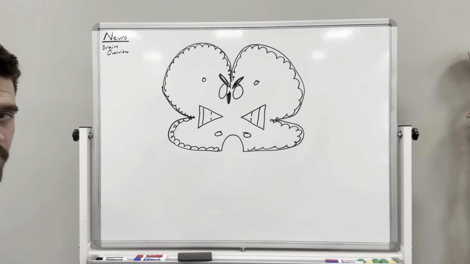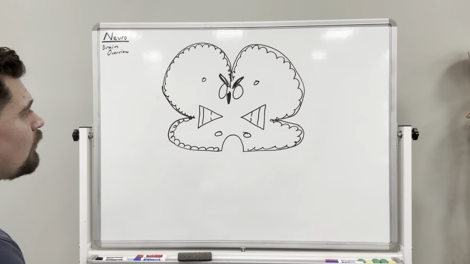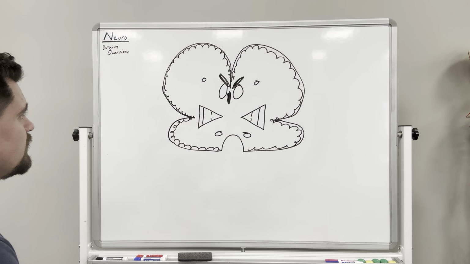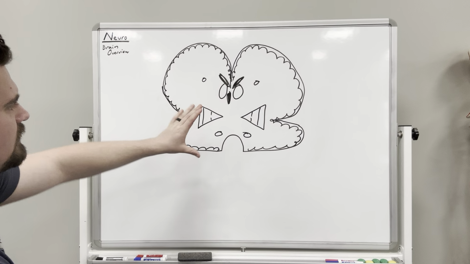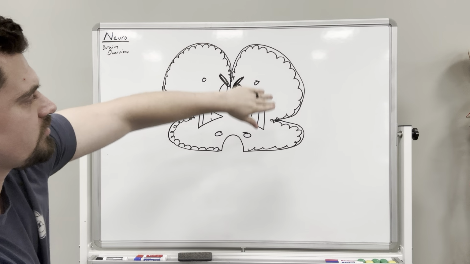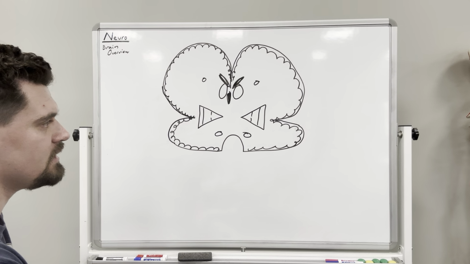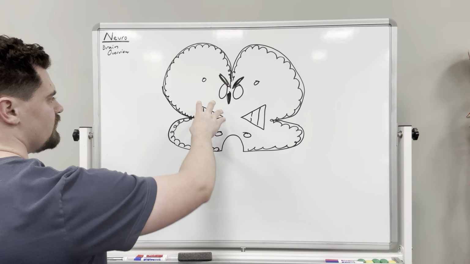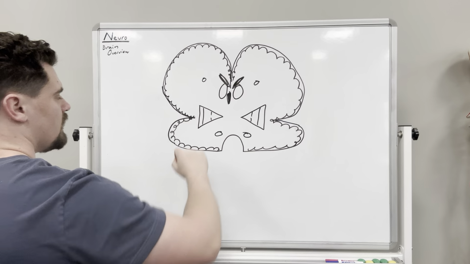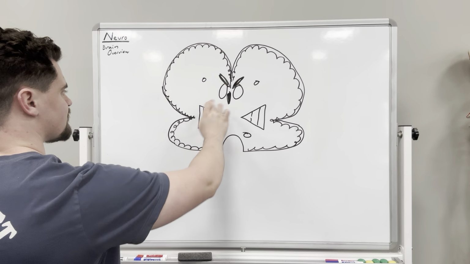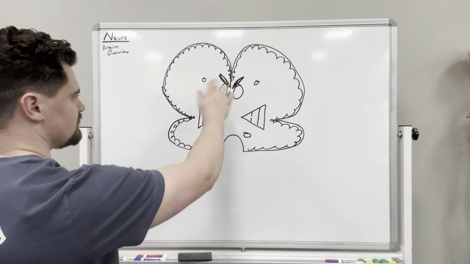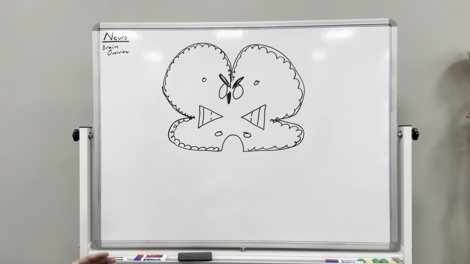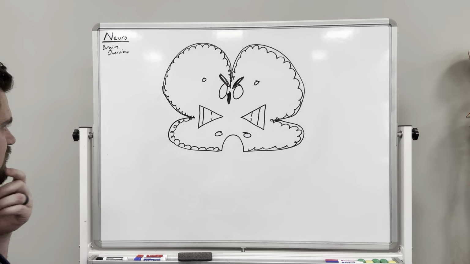Gray matter is where the neuronal cell bodies are, and white matter is where the myelinated axons are. When you're looking at the brain, the outside, or the cortex, is going to be gray matter, and the brain also has regions of deep gray matter. That's what these circles and this triangle looking thing are. The black, those are going to be your ventricles. So let's talk about those first.